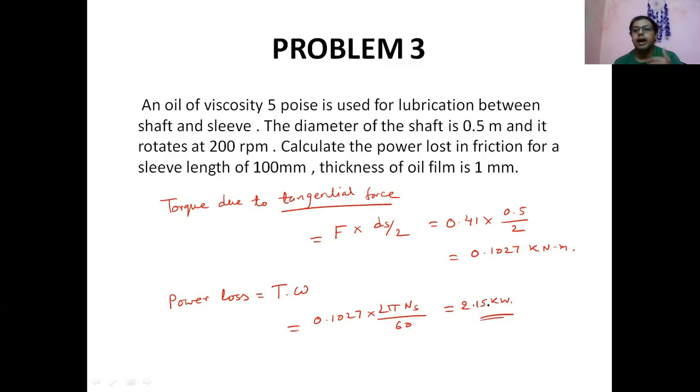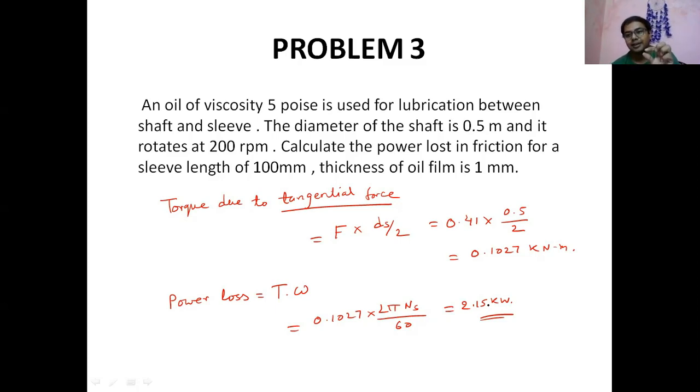So first you apply Newton's law of viscosity, getting the shear stress, then the tangential shear force, then the torque, then the power loss. That is the step-by-step procedure for this kind of question. If this kind of question is asked, you go by these steps. If the thickness given is very small.